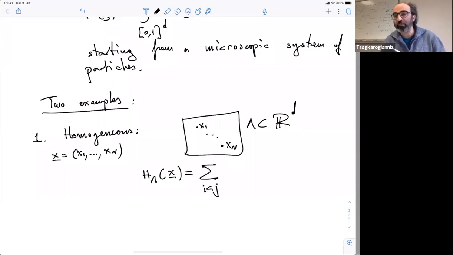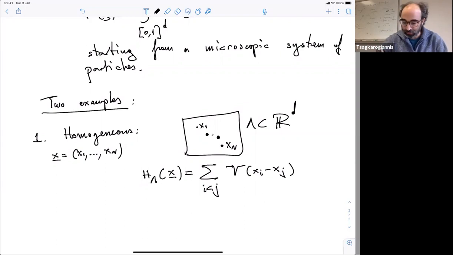And let's say it's a pair potential. So every two particles, i and j, interact with each other with a pair potential. So the Hamiltonian, the total energy, will be the sum of a potential V, which might depend on xi and xj, and maybe depends on their distance.